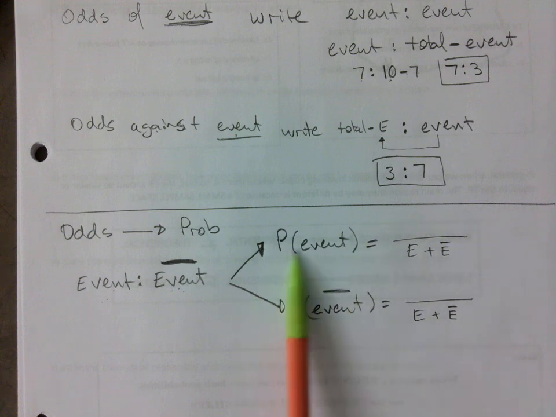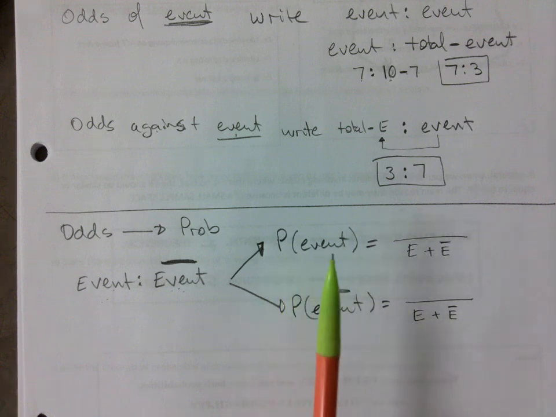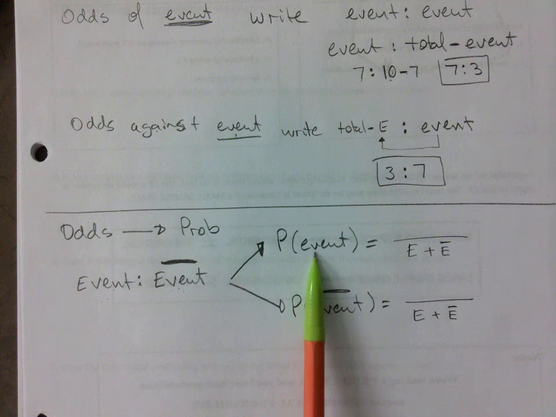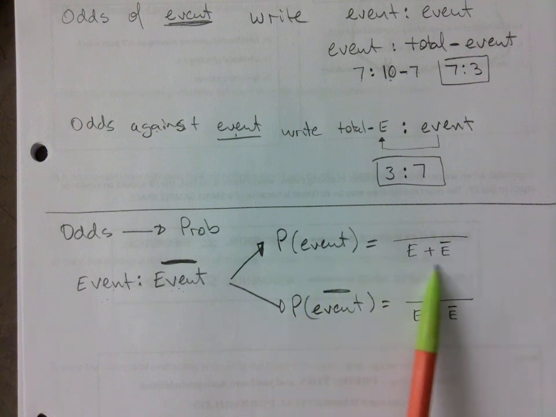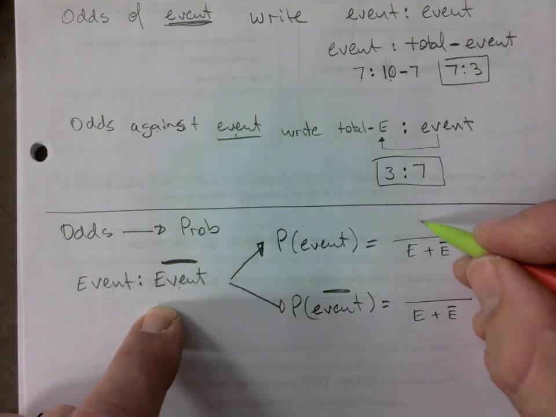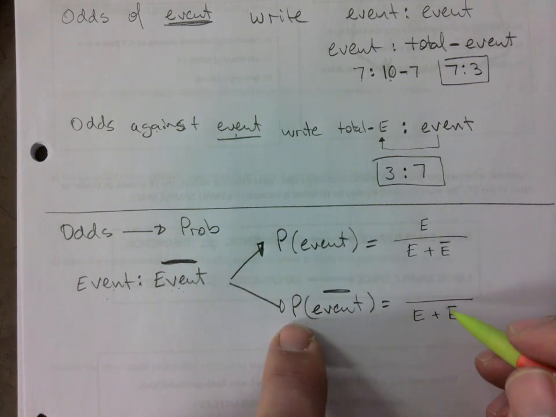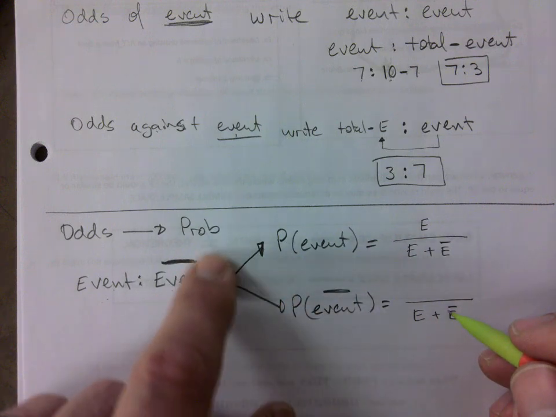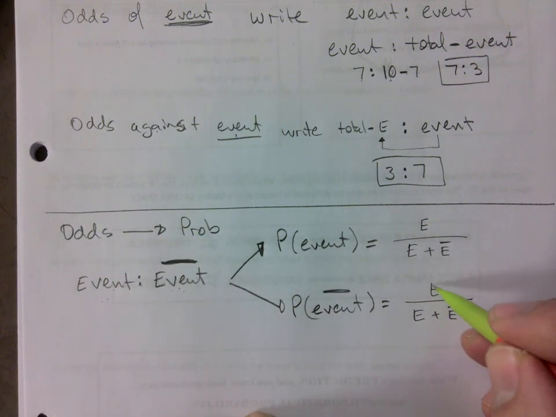I would probably ask you the probability of somebody winning, or it raining, or drawing a jack, or whatever. Okay? And then I would add first. So E would go on top in this case, if it's probability of the event. If it's probability against the event, then obviously you grab this number on the right, like that.